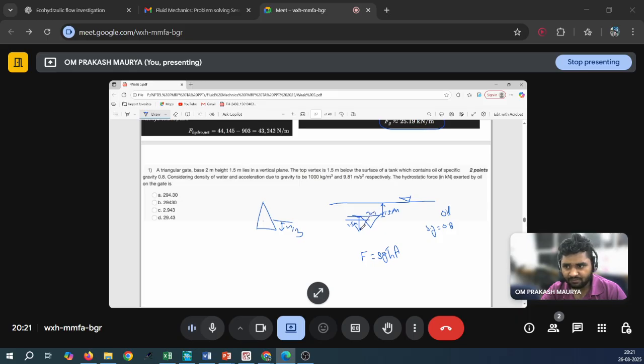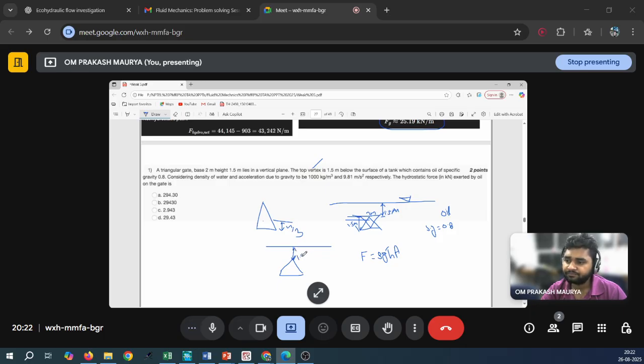The vertex will be like that, not the base. Here is the vertex, remember please. You can do a similar mistake in your final exam, so do not do like that. It is just a reading mistake, so remember please, it is like that. So this is 1.5 meter below the vertex, not the base.